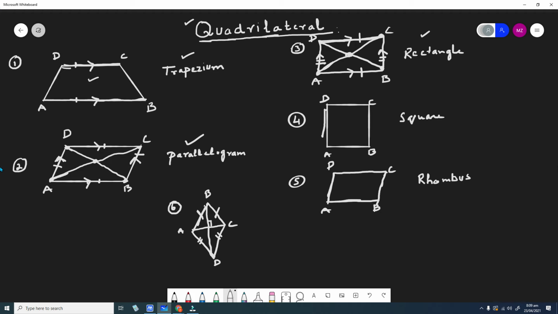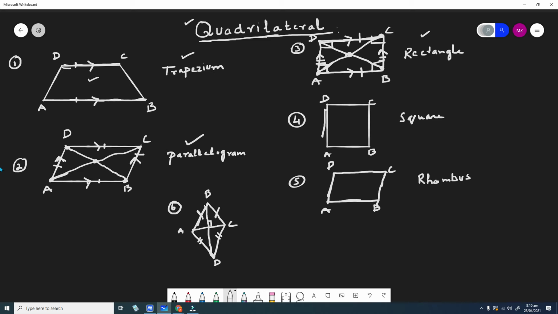This point is the center point of both diagonals. All the angles of a rectangle are 90 degrees. So angle D is 90 degrees, C is 90 degrees, A is 90 degrees, and B is 90 degrees.